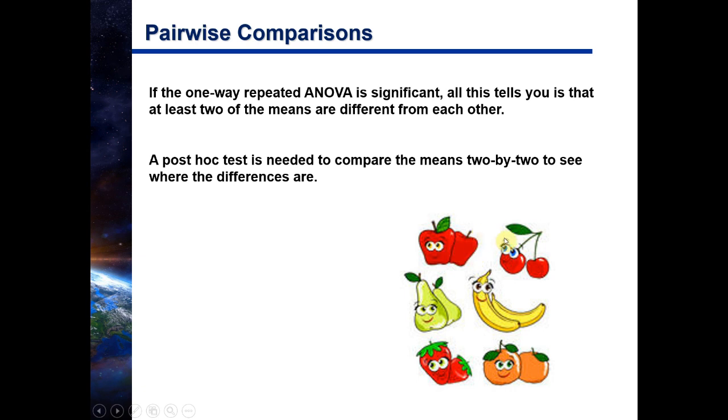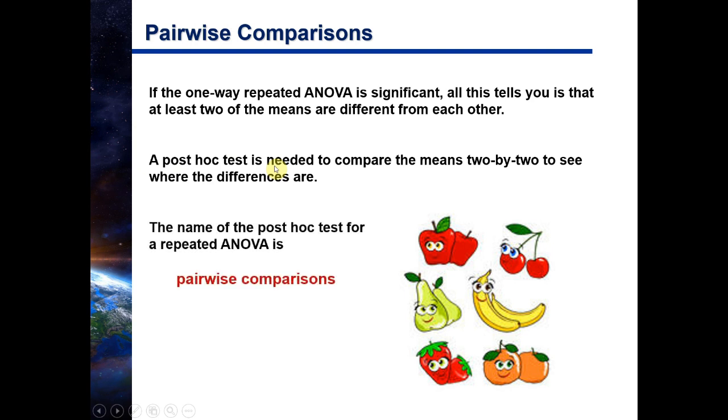So you compare mean 1 to mean 2, mean 3, mean 4, etc. You go through all pairs, and you're going to be able to see which means are different from which. Just remember that the post hoc test for a repeated design is not called post hoc, it's called pairwise comparisons. That's just reinforced here.